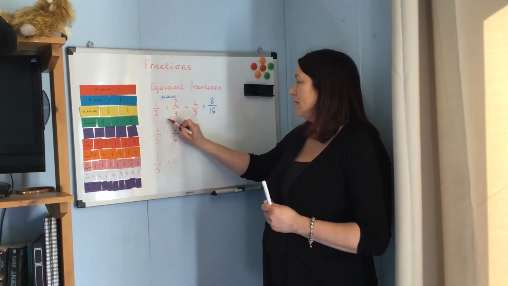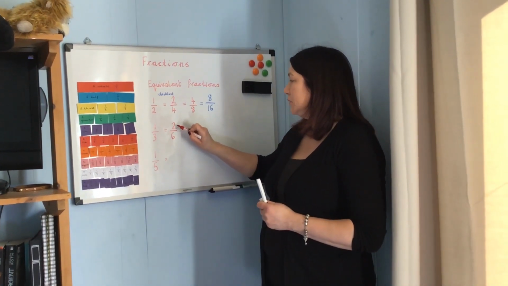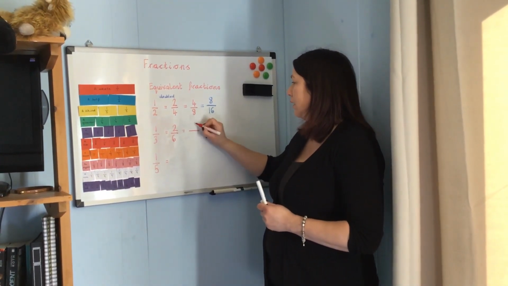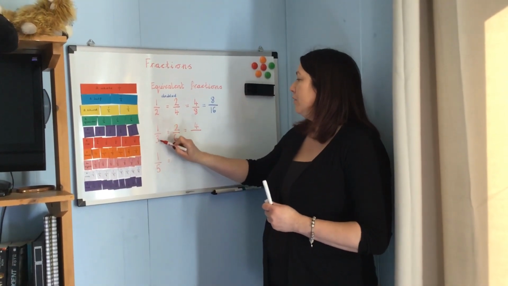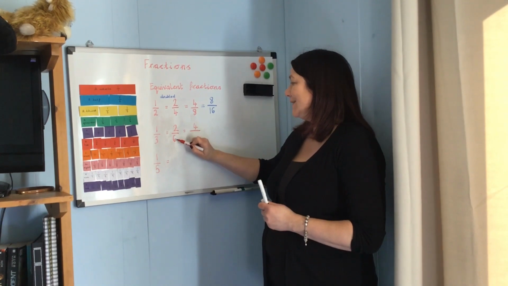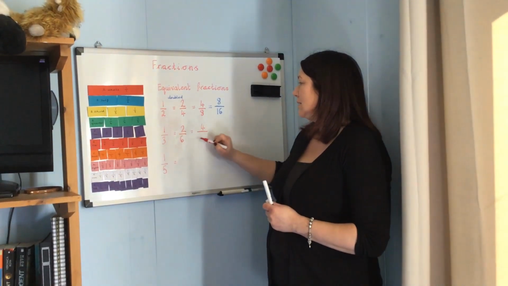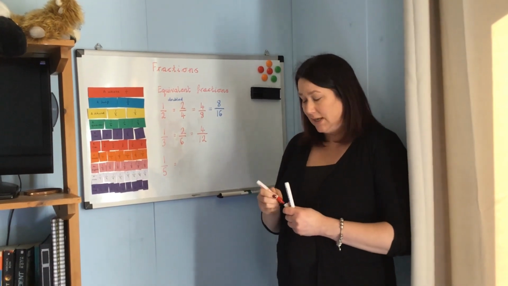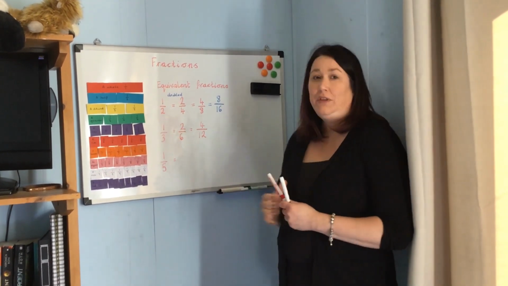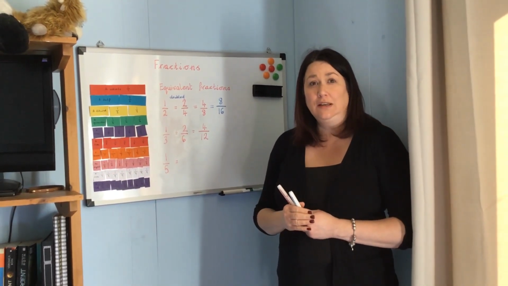So double 1 made 2, so double 2 is going to make 4, and then we have 3 that was doubled to make 6, and then 6 doubled is 12. And we can see that all of these are equivalent fractions.